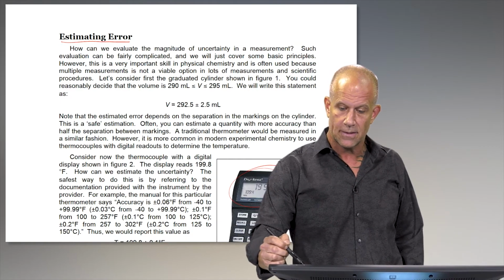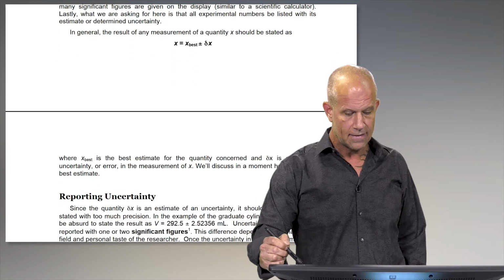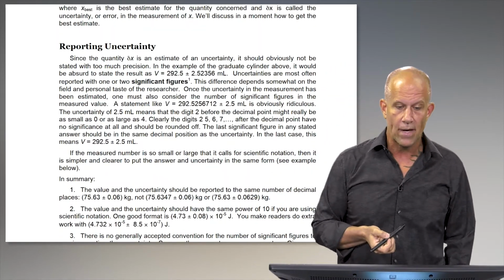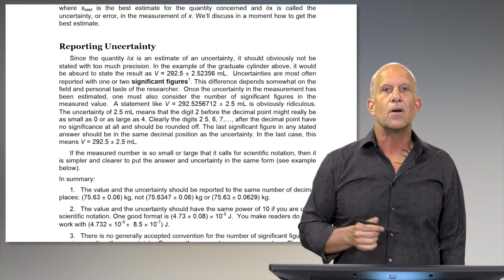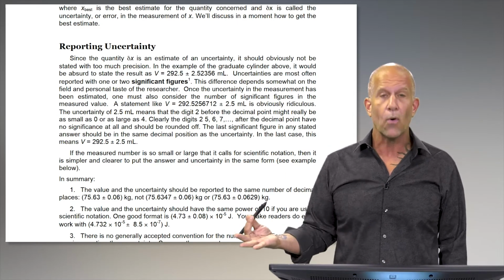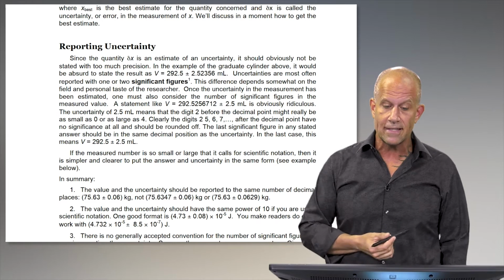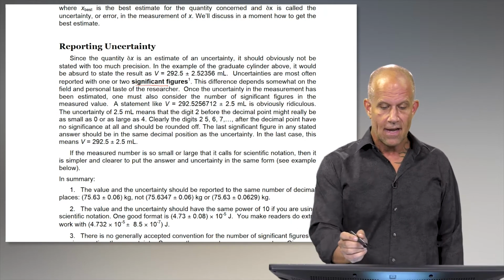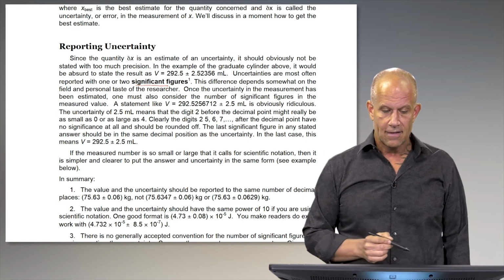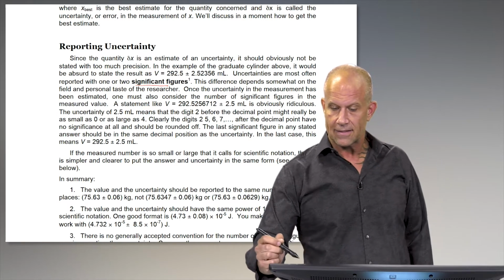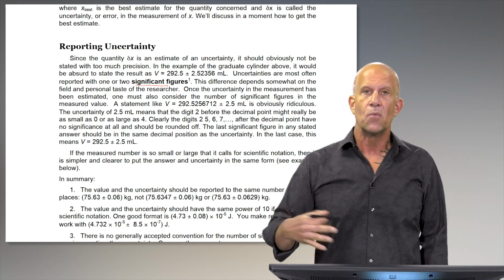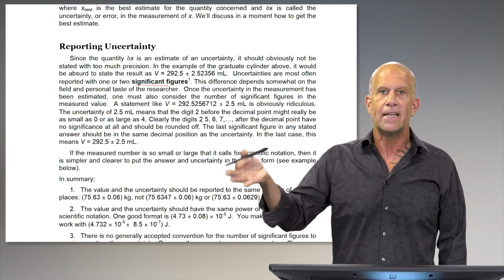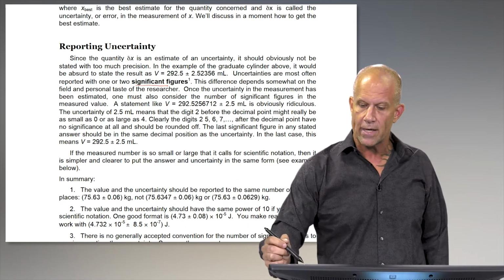So you can estimate the error, and that's done quite a lot practically. Then we move on to how we report these errors or uncertainties in value. That comes back to significant figures and what they should look like, so that you're consistent with both what the error is and what is implicit in the significant figures of a number.